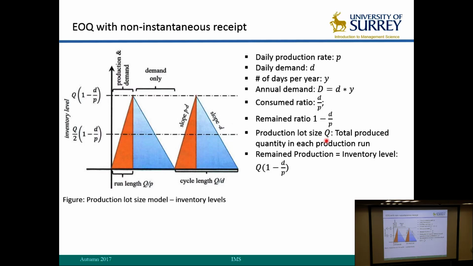So the remaining production is Q, the total produced one, times the remaining ratio. So that's the remaining inventory level at this point.